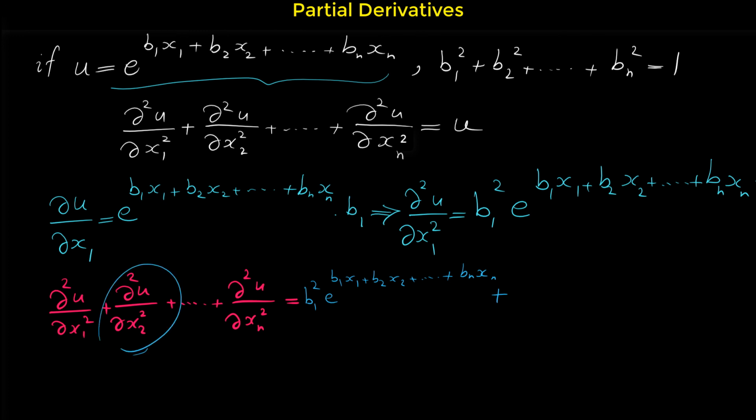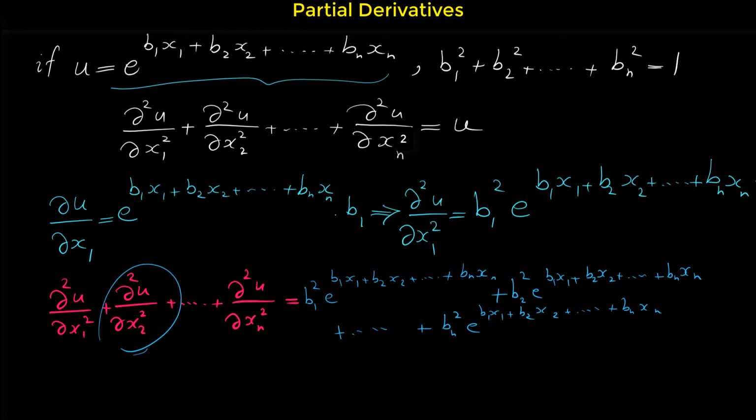The second partial derivative is exactly the same, but instead of b1 squared we have b2 squared, so we have b2 squared times exactly the same thing, e to the b1 x1 plus b2 x2 and so on up to bn xn. And if we continue this, we have bn squared e to the b1 x1 plus b2 x2 plus ... plus bn xn. Between all of these terms, e to the b1 x1 plus b2 x2 plus ... plus bn xn is common.